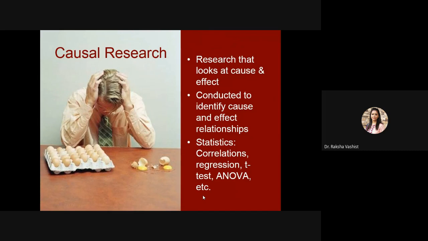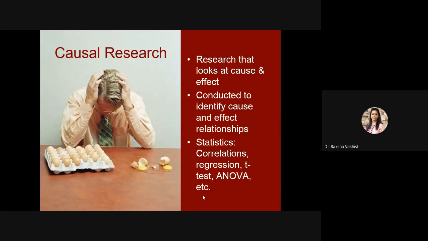Now the next type of research is causal research. As I discussed earlier, causal research is the research which establishes the relationship between cause and effect. All right. So it looks at the cause and effect relationship. It is conducted to identify the cause and effect relationship. The statistics we can use in causal research include correlation, because correlation shows the degree of relationship between two or more variables, and those variables are associated somewhere.